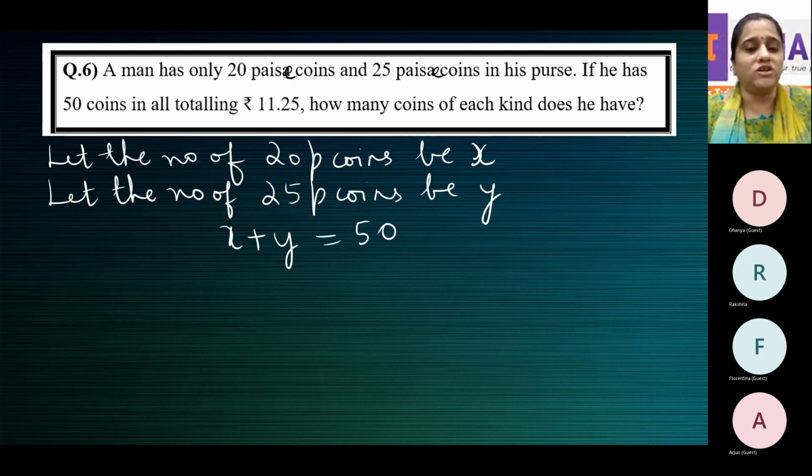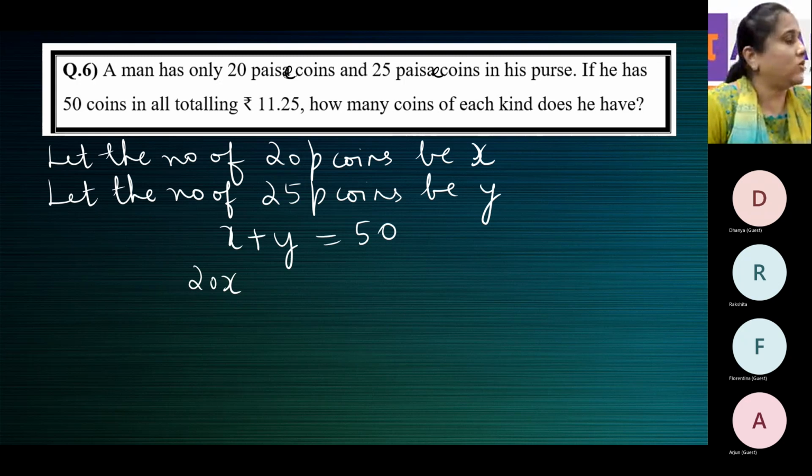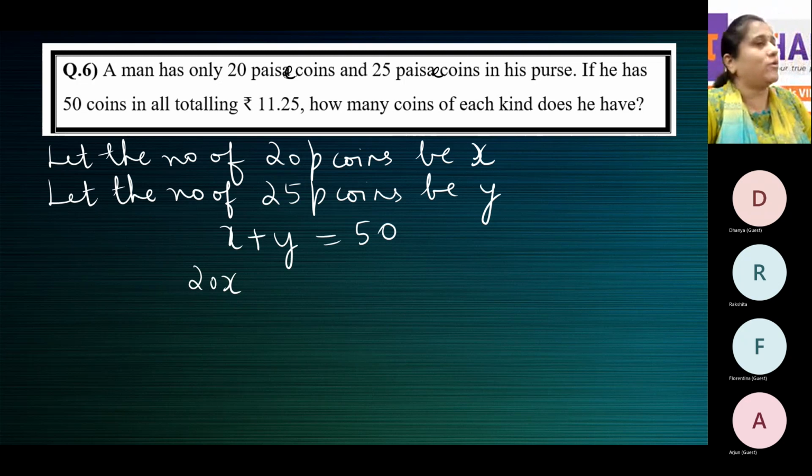Okay. So 20X is the value of all the 20 paise coins. Yes or no? If you have 3 20 paise coins, how much do you have? 20 into 3, 60 paise.